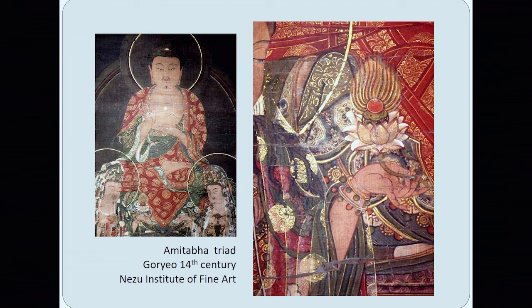So this is the left forearm of one of the bodhisattvas shown with the Buddha Amitabha down here in the lower left-hand corner. It is important to note that the main tones, red, azure blue, and green, are intense and strong.